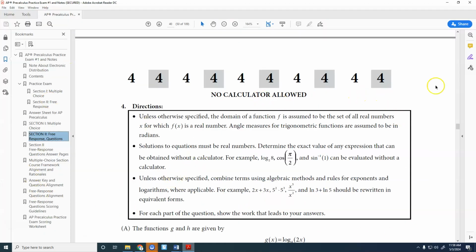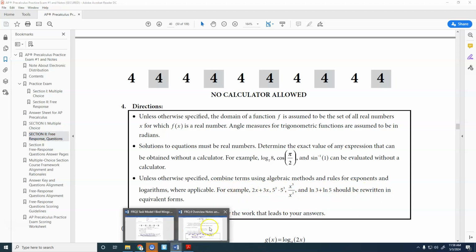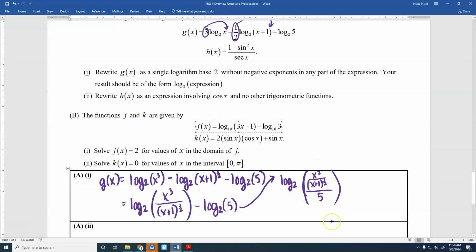This box will look the same every time on 4. And so here's where I'm talking about right here. You got to combine like terms for that. So it doesn't say anything specifically about complex fractions. That is generally not a good mathematical practice, to leave complex fractions. So I think that you need to go ahead and flip and multiply here.